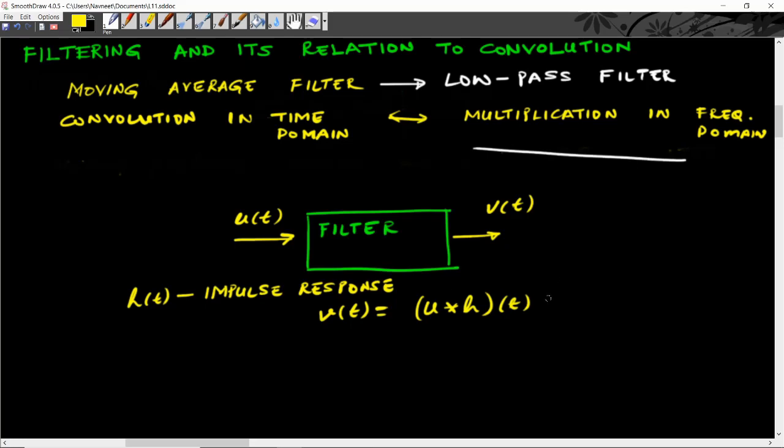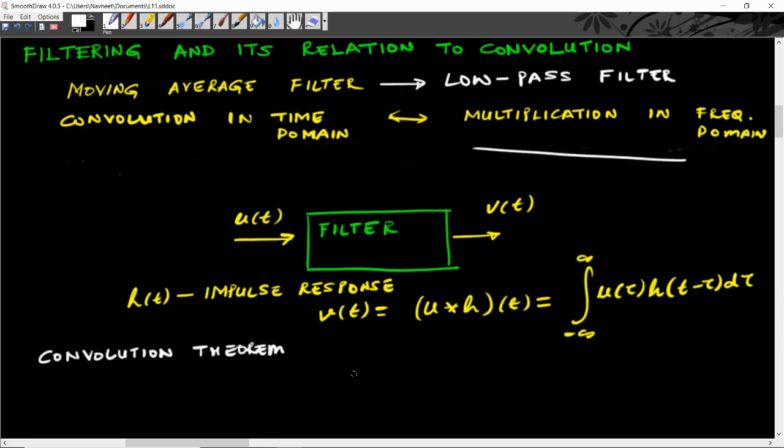So the convolution in time domain, which can be written in terms of this integral, can be thought of as multiplication in frequency domain, because from the convolution theorem we know that the Fourier transforms of the output signal, the input signal, and the impulse response are related by this expression.